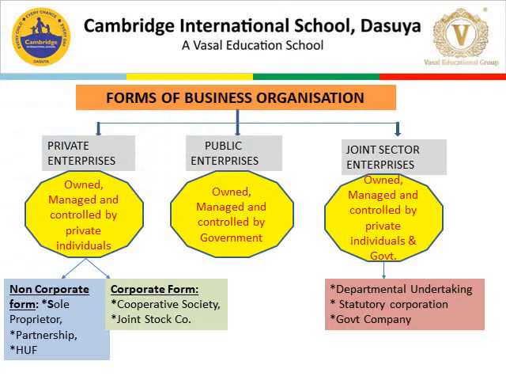In this chapter, we are going to study the forms of business organization. There are three types of business organizations: private enterprises, public enterprises, and joint sector enterprises.